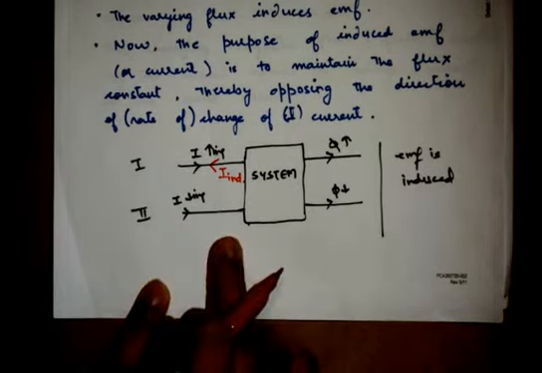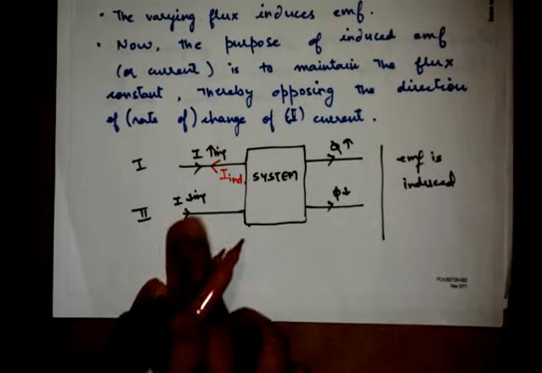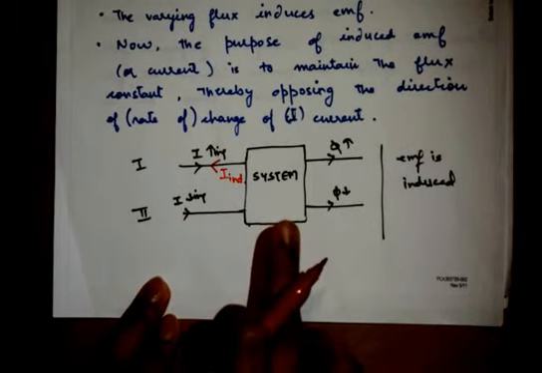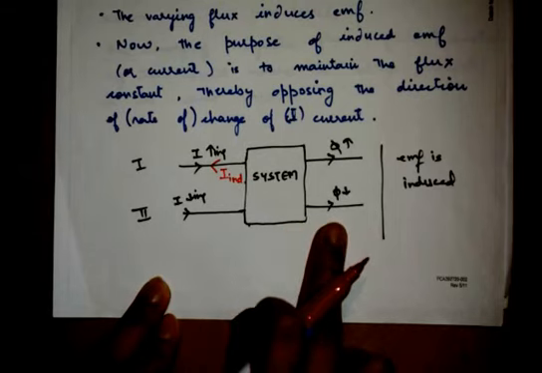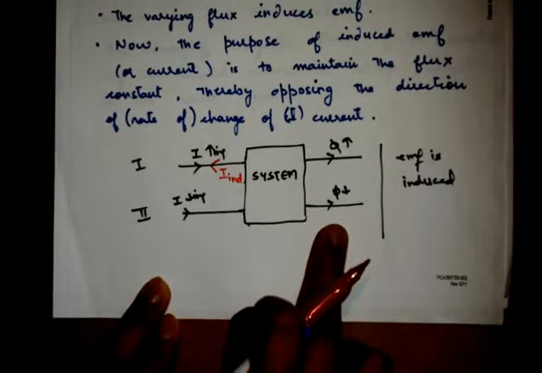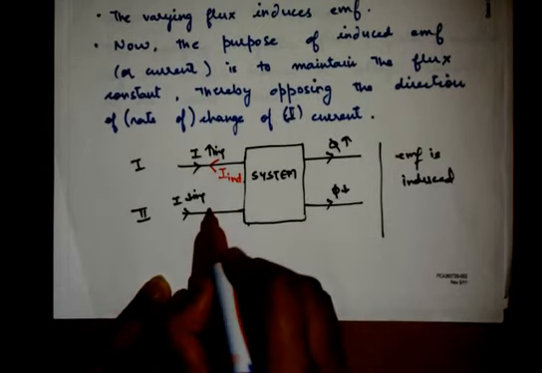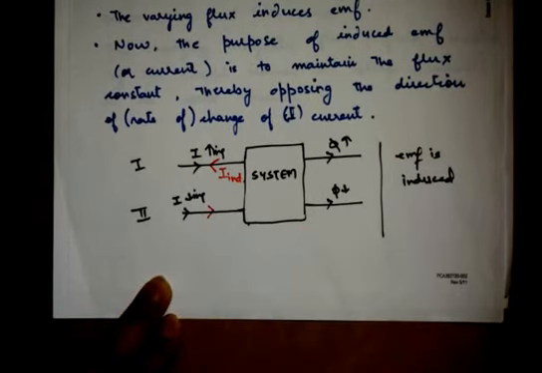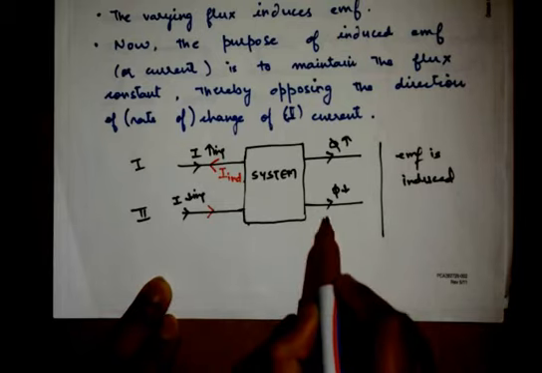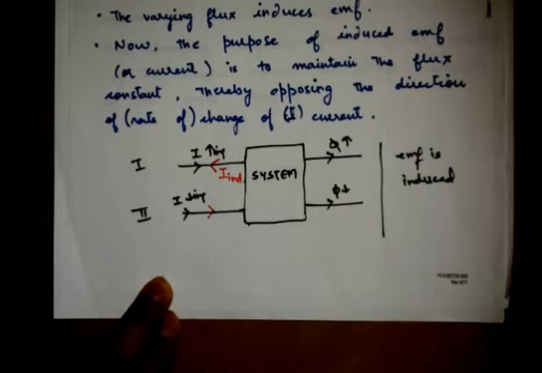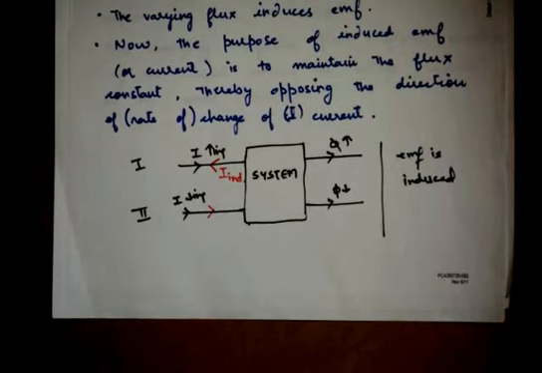But if we take the second case, here we are providing a decreasing current to the system, and as a result we are getting a decreasing flux. So in this case the induced current is going to support the original current which is flowing in this circuit, so as to aid the loss of the flux, because systems do not like change.